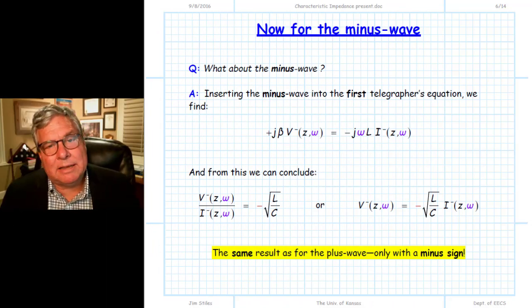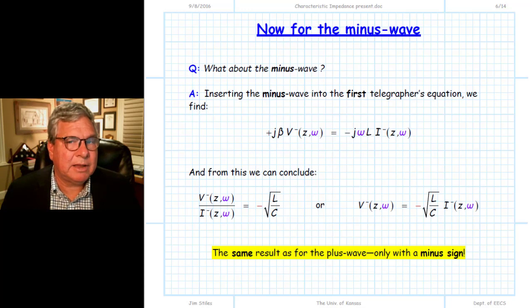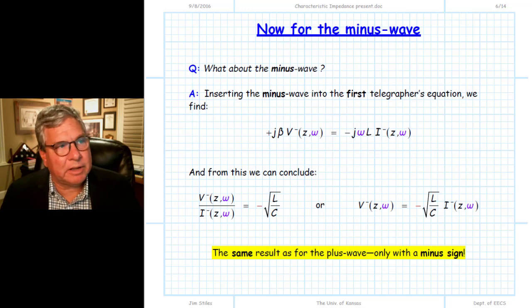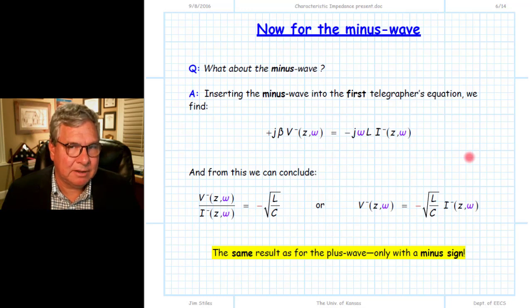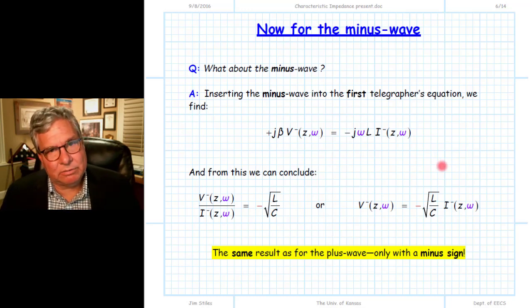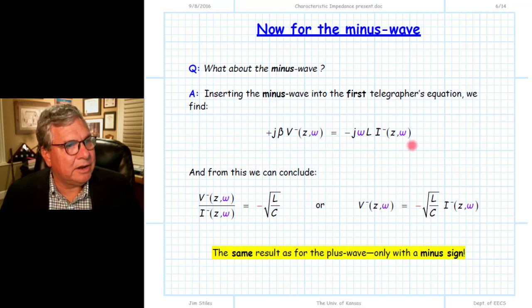All right, so what about the minus wave, the electromagnetic wave that propagates in the direction of decreasing z? It creates a voltage and current that we call V minus and I minus, and we have functions for them with respect to position z. How are they related? Well, we could do the same procedure as before, where we take the result, insert it into the telegrapher equation, take the first derivative, and then do a little algebra, and we would come up with this result here.